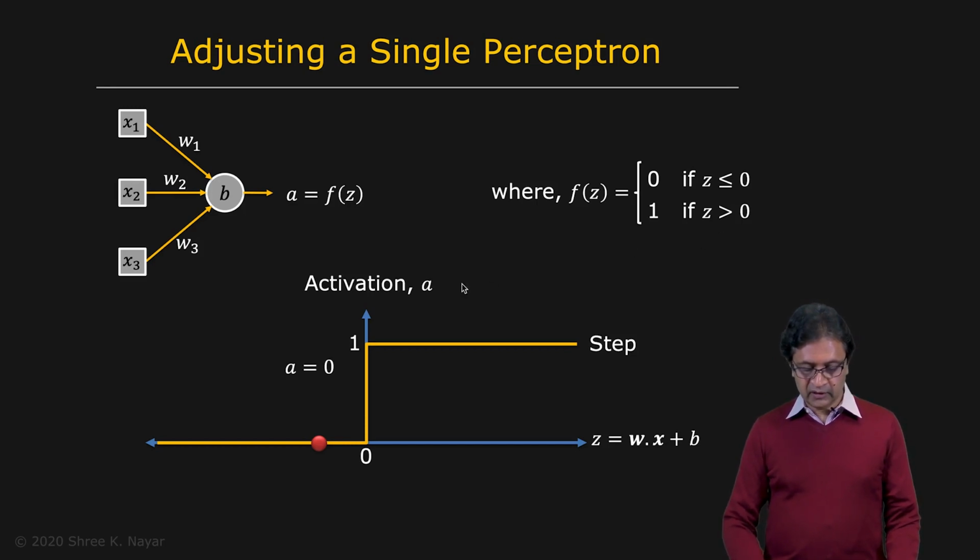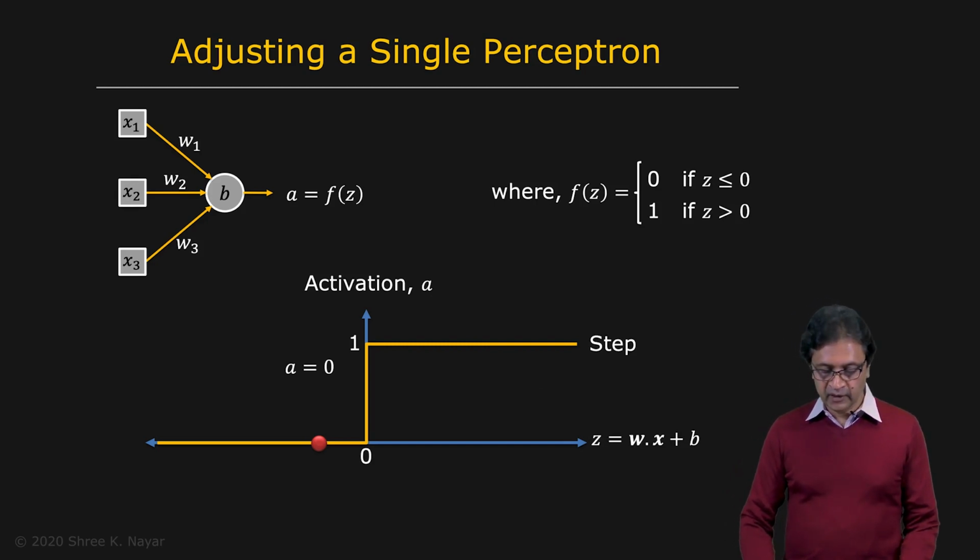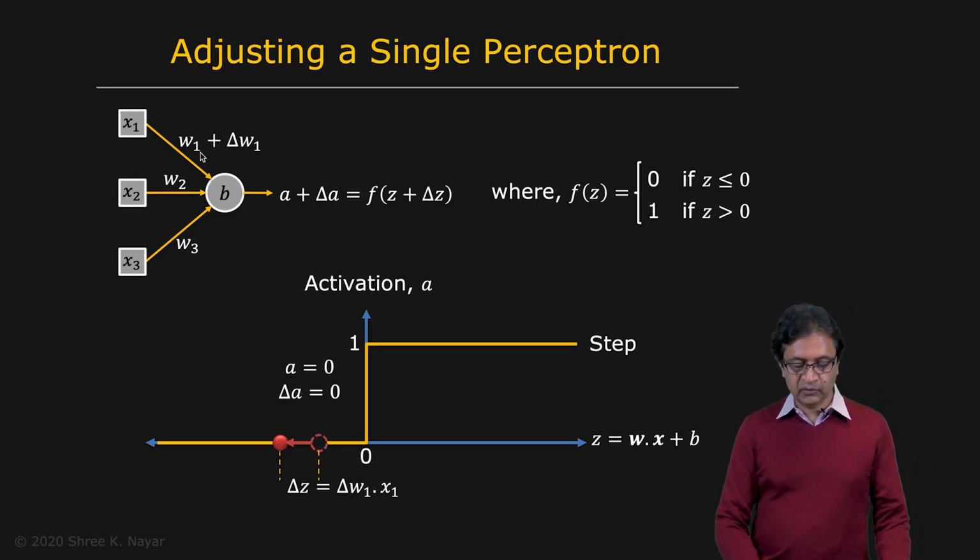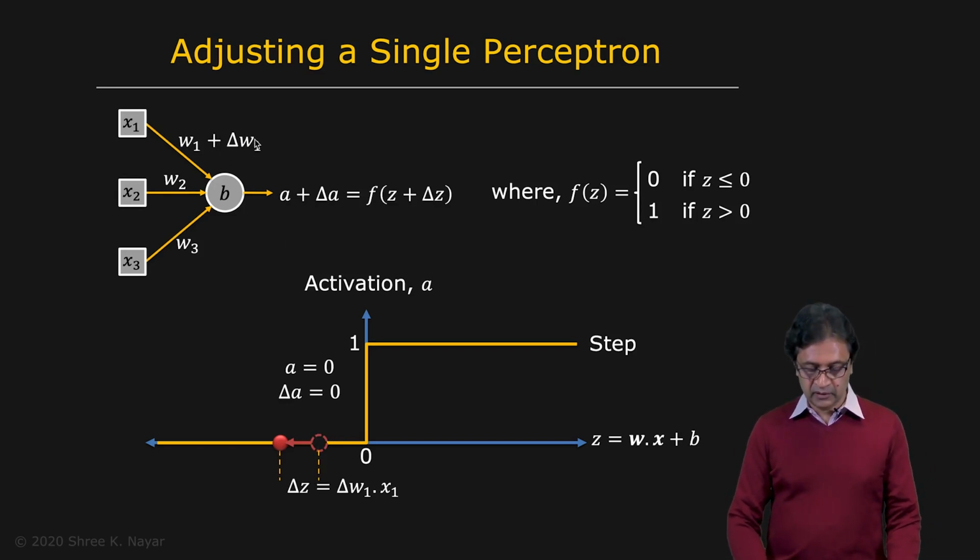So let's say that we actually want to see what the impact on the output A is going to be if we change the weight W1. So we have, in this particular case, Z, which is again Wx plus B. So if you change W1, that's going to change Z, and that is going to have an impact on the output A. So let's say that we change W1 by delta W1.